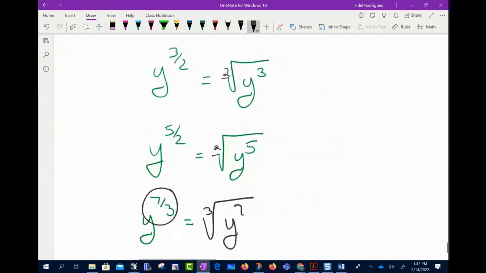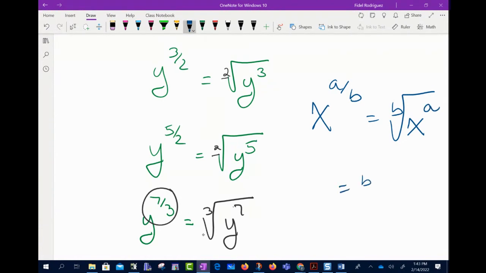So in general, I'm going to do this right here. The general rule says if you have x to the power a over b, this is for taking the bth root of x to the power a. And you have two ways of writing it. You can write it like that, or you can write it like that.